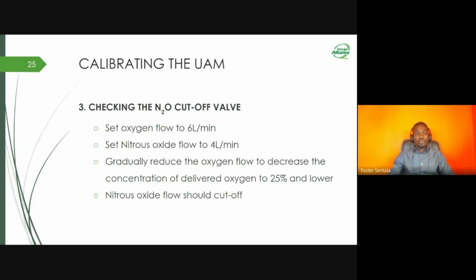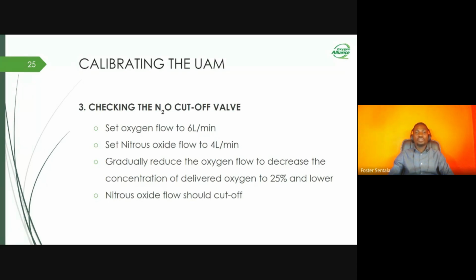When you have these two flows, you gradually close the flow for oxygen. In this case, you are decreasing the concentration of oxygen in the gas mixture going to the patient. The system should be able to sense that there is a decrease in the concentration of oxygen.